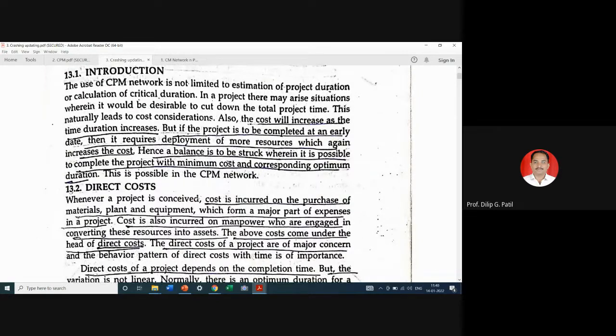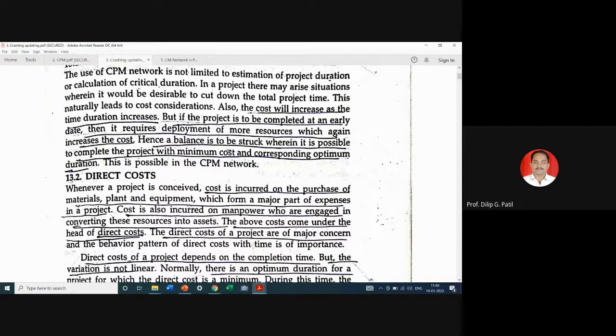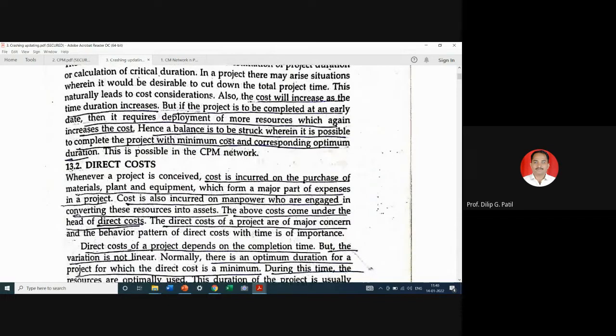Furthermore, we will see that with change in project duration or increase in the project duration, the project cost will increase, or which are the contributing factors in the project cost, that is direct cost, indirect cost, what is the relation between project cost and direct cost, what is included under direct cost, what is included under indirect cost, that all we will see with the graph and some theory behind that.